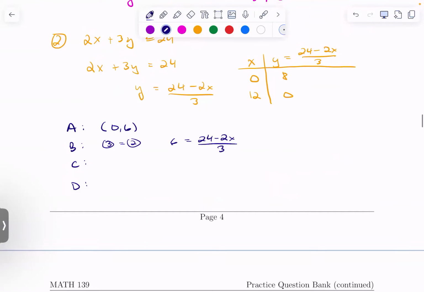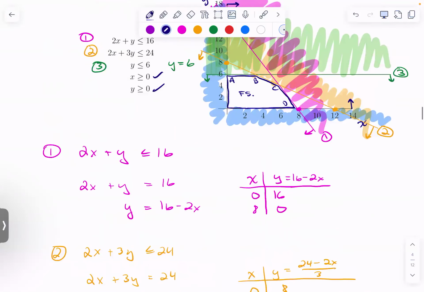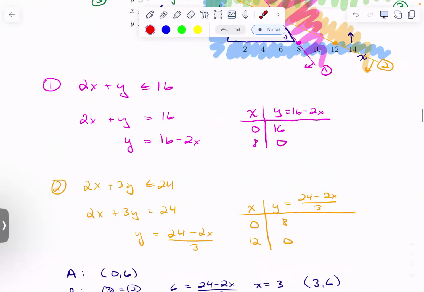Divided by 2, I get x is equal to 3, which tells me that we know y is at 6 because that was the first line. That happens at 3, 6. And you can always confirm it. Does that look reasonable for B? It does, even though I drew it by hand.